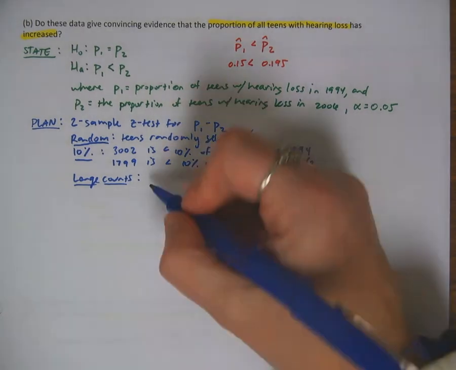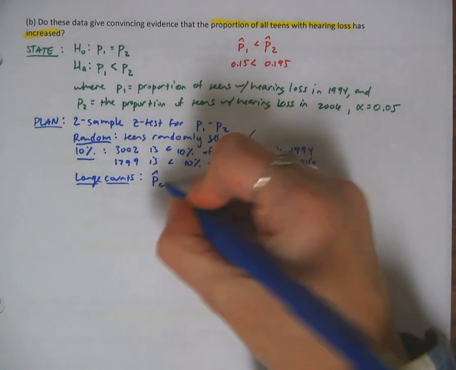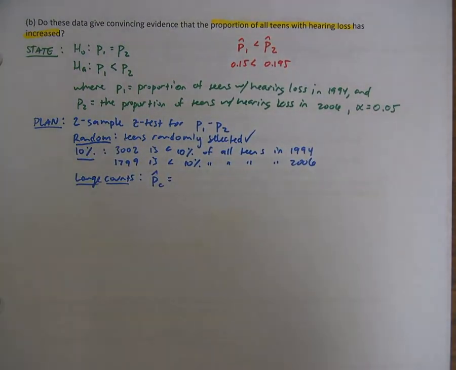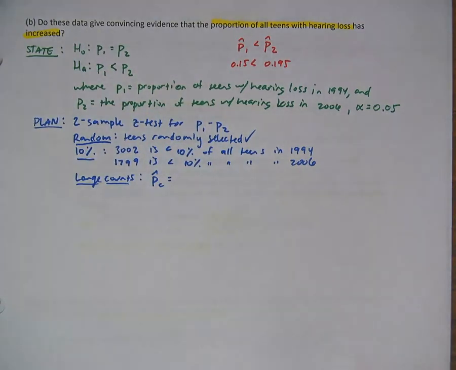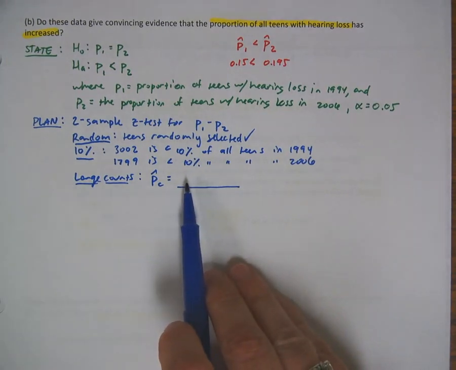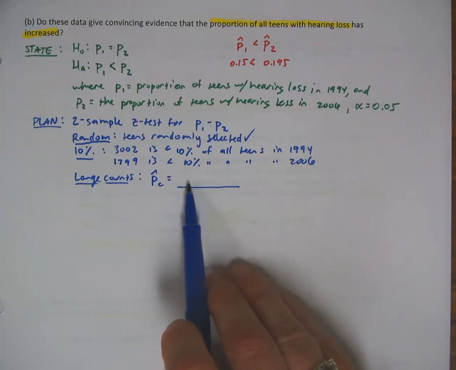So here's where we have to take just a second and figure out the pooled statistic. We are going to have to actually figure out really quickly. In the paragraph, it just said that 15% of the 3,002 in the sample from 1994 had hearing loss. So we need to actually figure out the successes there.